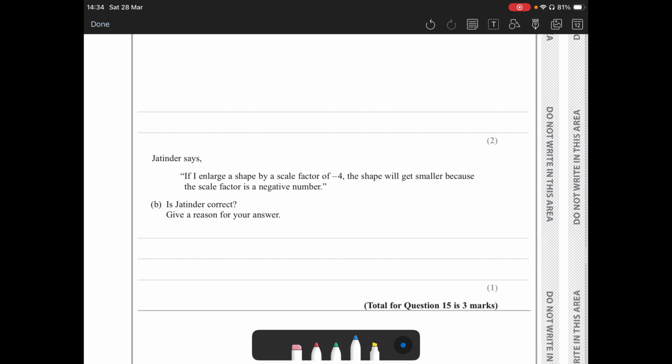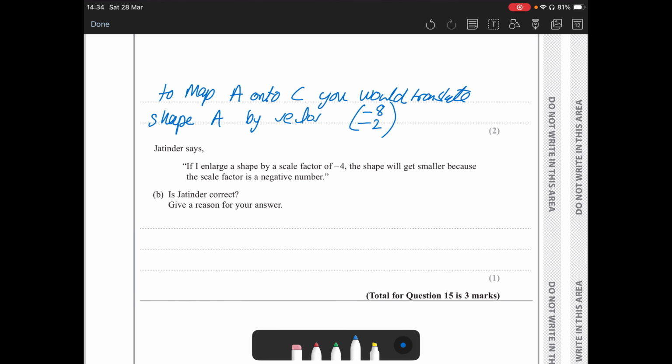Okay. Jatinda, or Jatinder, who knows? I've not really seen this name before.